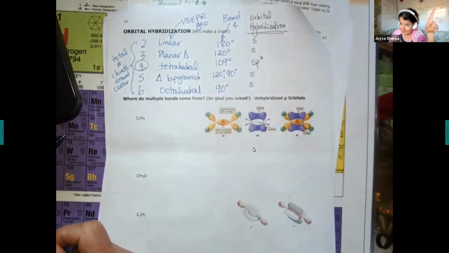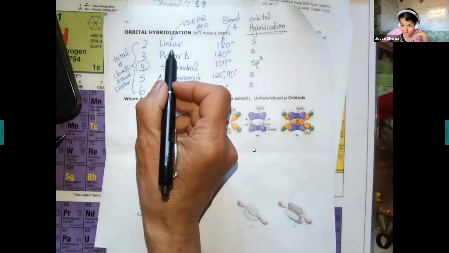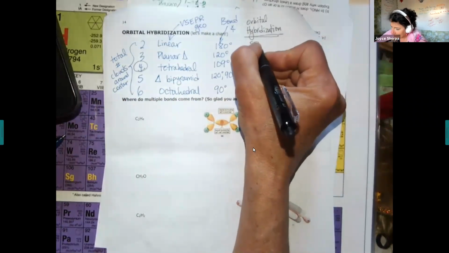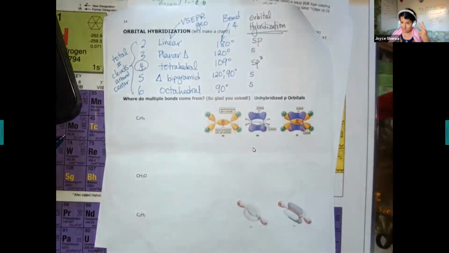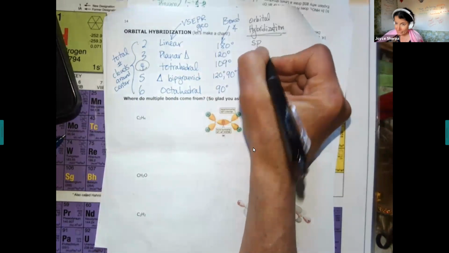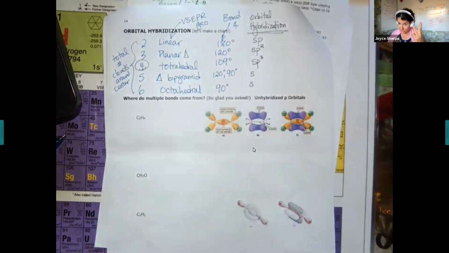That is always the first thing that hybridizes, is the S. Now for linear, we have to get a total of 2. So it's just sp. The S hybridizes with 1 P, and that gives you 2 things. So for planar, it's called sp2, because the S hybridizes with 2 P's. That gives you 3 orbitals.